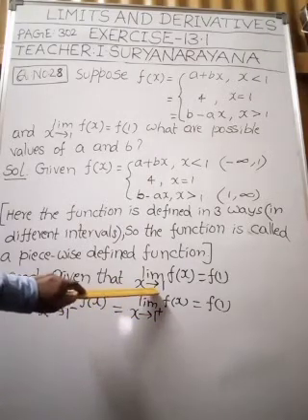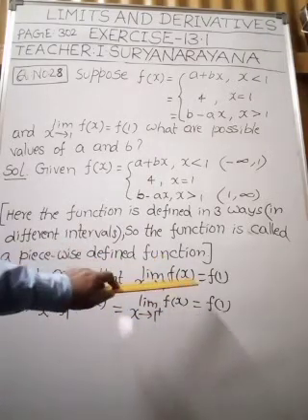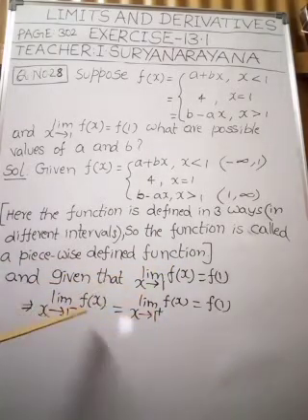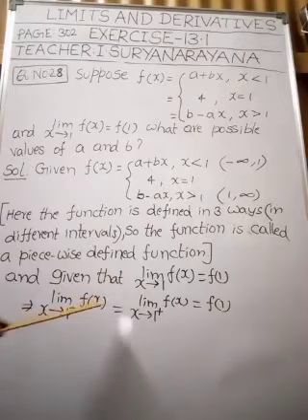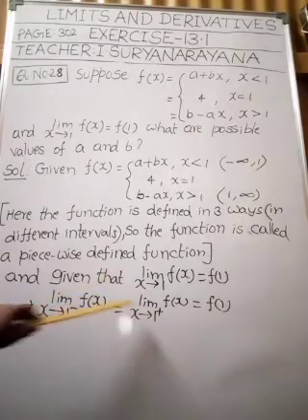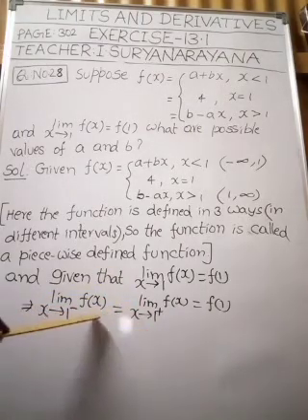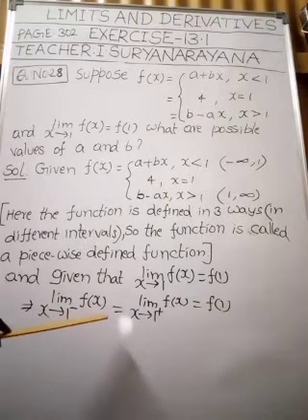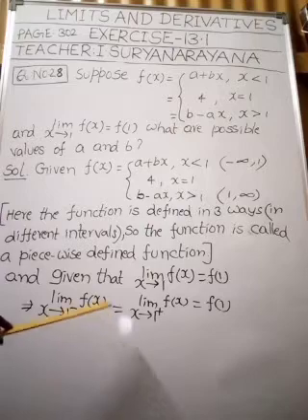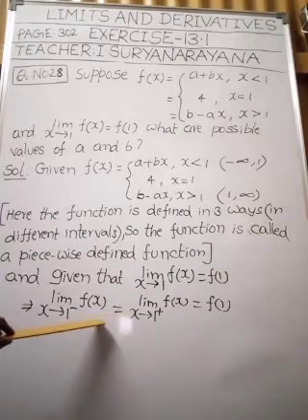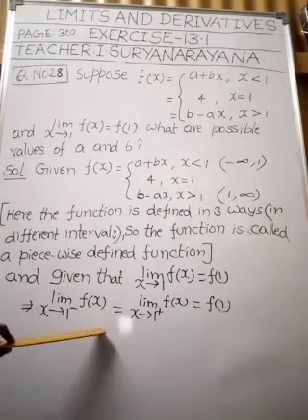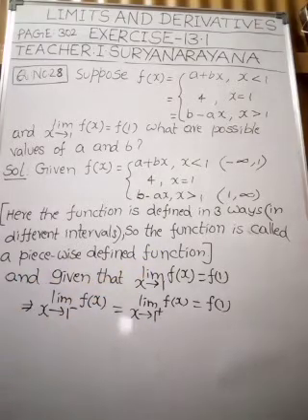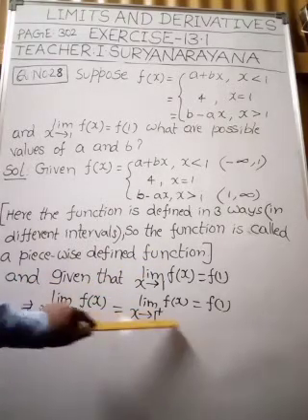This means left hand limit and right hand limit both exist, both are finite real numbers, and moreover they are equal. Then only we say that the function has the limit. Otherwise, if they are not equal, we say that limit does not exist for that function as x tends to that particular point. Okay, my children, understood this step?